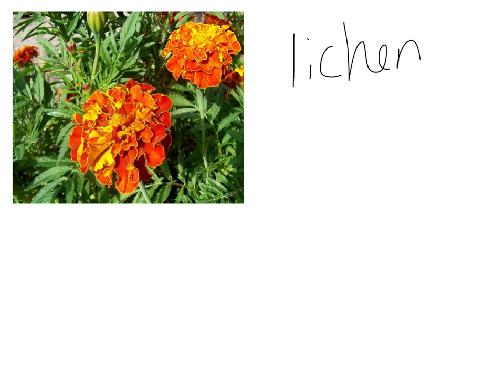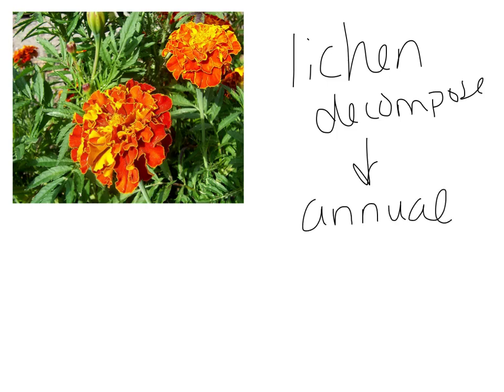As the lichen decompose and increase the nutrients in the soil, that's going to lead to annuals being able to come in. Annuals are usually flowering plants. They only live 1 year. They germinate, they grow, they flower, and they die, all within that 1 year. As these annuals decompose, they continue to add nutrients to the soil.